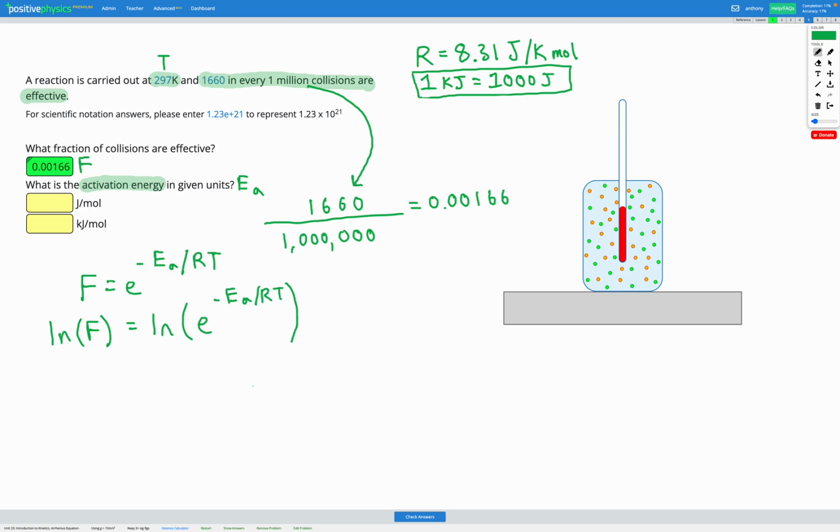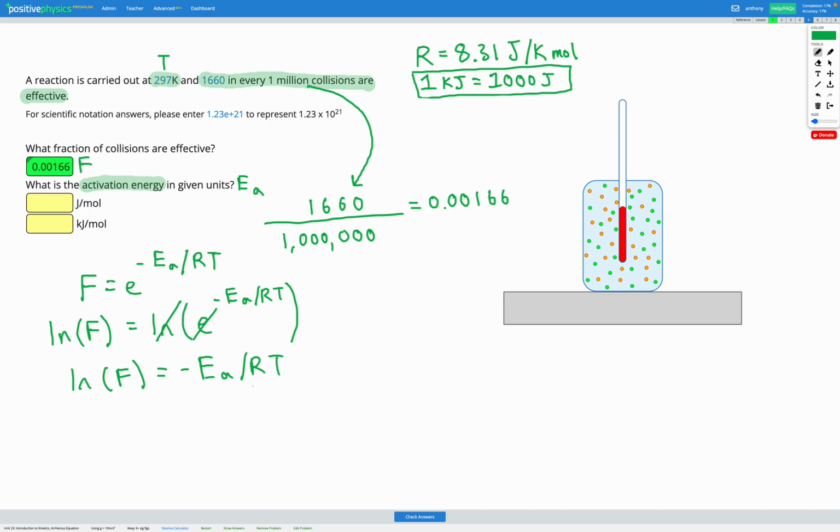And ln is the inverse function of the exponent e to the power of. So those kind of cancel out, and we're left with ln of F is equal to negative activation energy divided by RT.